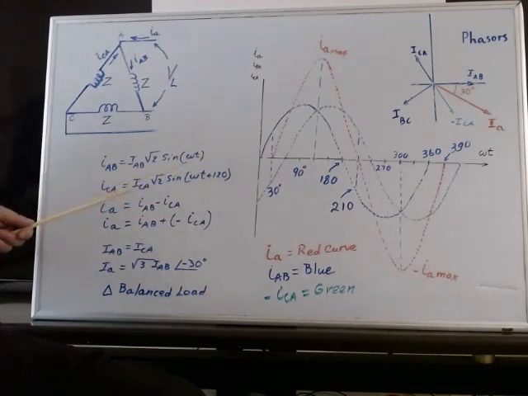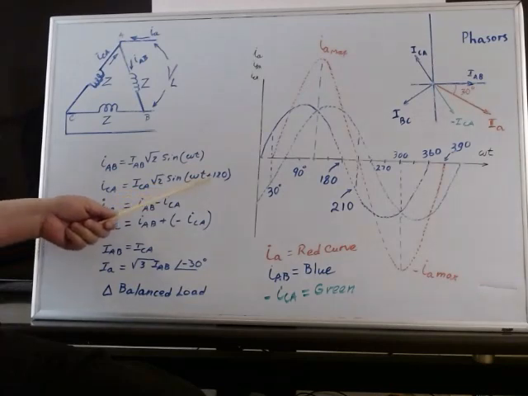ICA is equal to the RMS value of ICA multiplied by the square root 2 sine omega t plus 120 degrees.